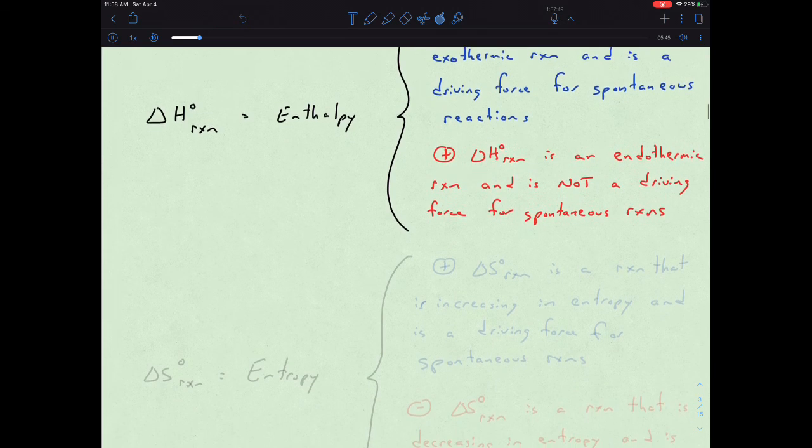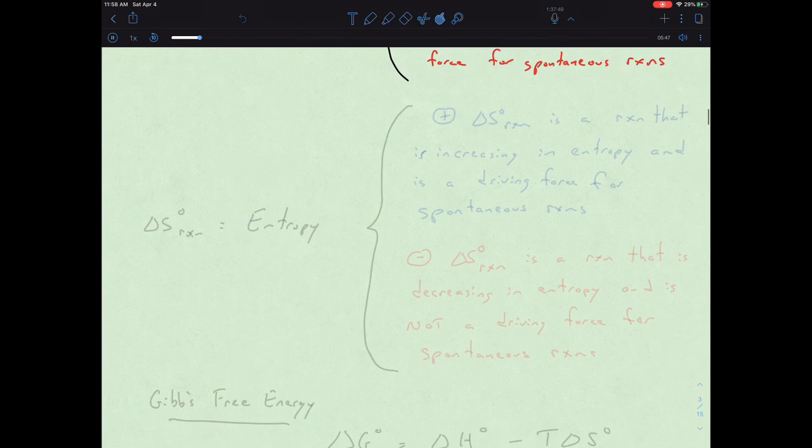We can do something very similar with our idea of delta S, or entropy.